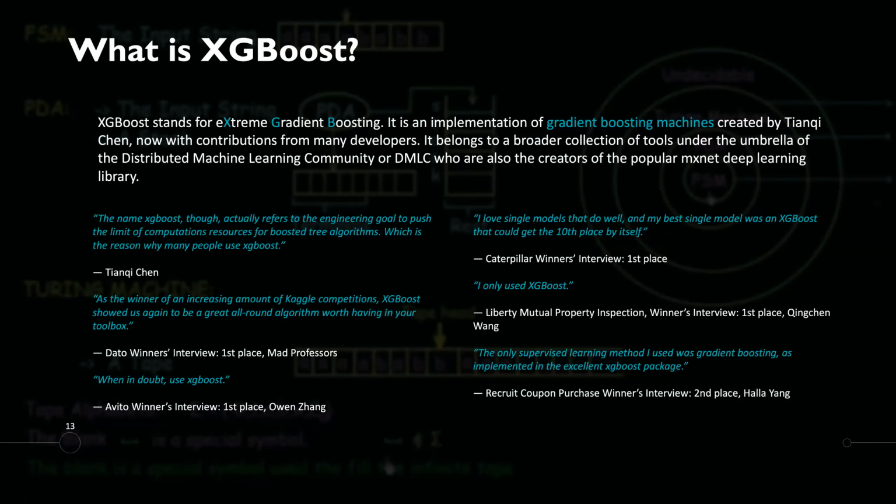So let's go back to the topic. What is XGBoost? XGBoost stands for Extreme Gradient Boosting. It is an implementation of gradient boosting machines created by Tianqi Chen, now with contributions from many developers. I've also included quite a few quotes from the Kaggle community and the industry, most of them from the Kaggle community.